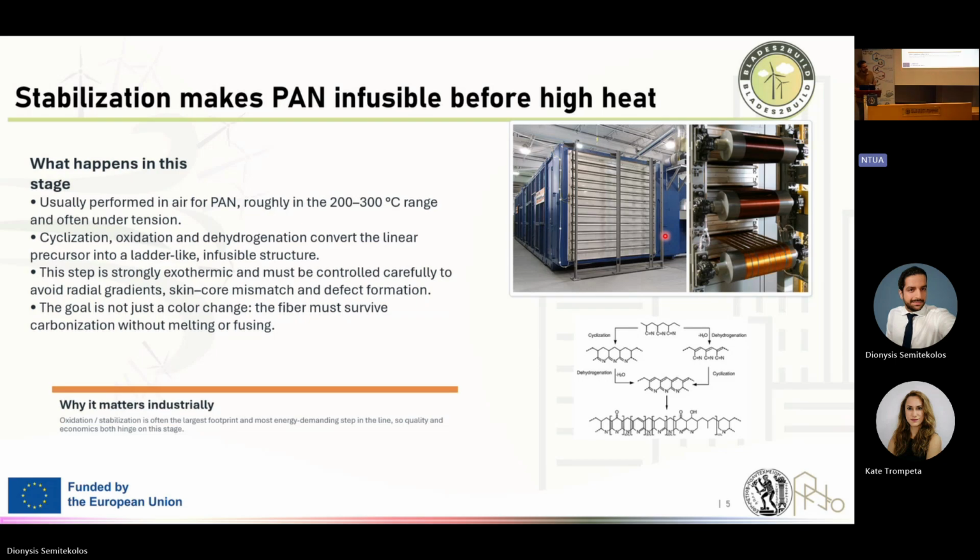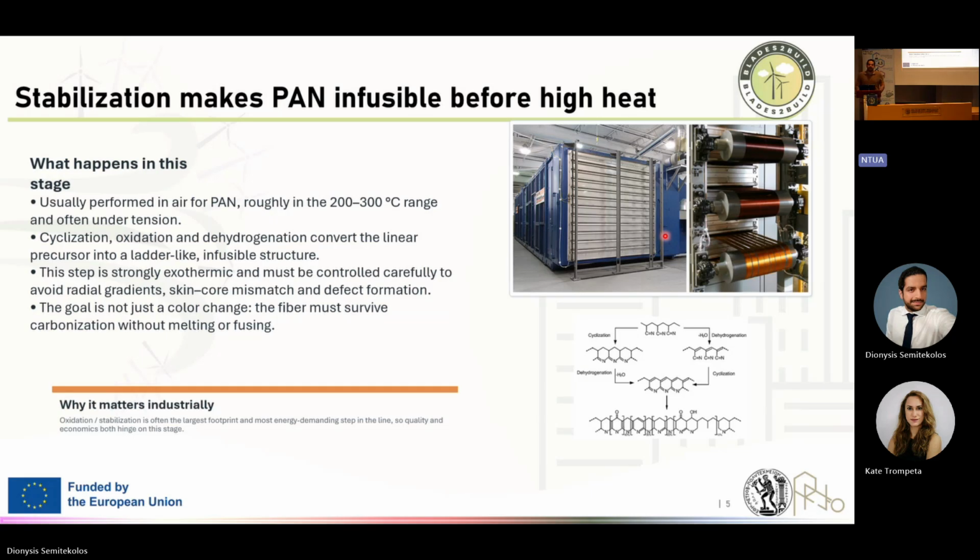Okay, then we move on to the second process. Since we already have the fiber, the polyacrylonitrile in a fibrous format, we are going to talk about the stabilization, which is the first step in fiber production.